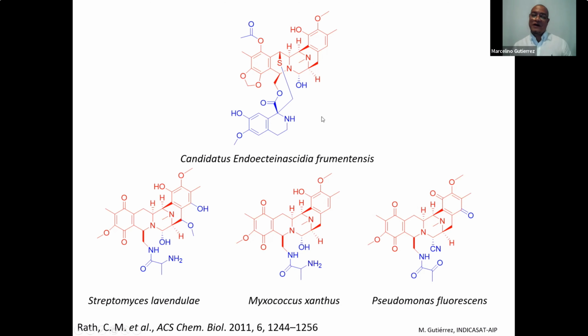We can see here that different genera of bacteria produce the same nucleus. And actually in 2011, the group of David Sherman at the University of Michigan demonstrated that the real producer of Yondelis is bacteria that live in association with the tunicate.